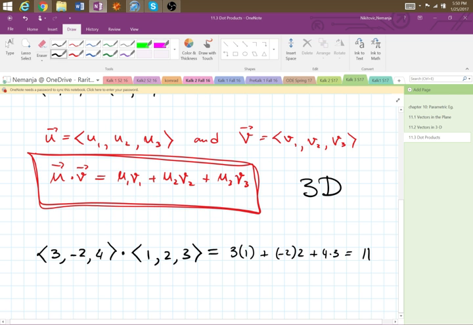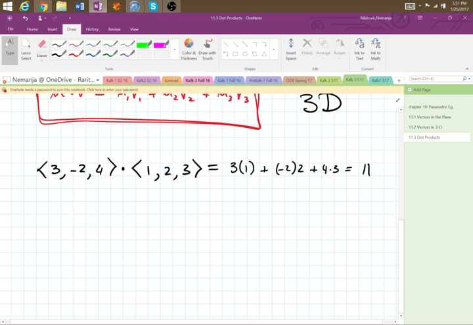Now we're going to take a look at the other form for the dot product. The other way to define the dot product would be to write it as the product of magnitudes of two vectors multiplied by the cosine of the angle between those two vectors. Also works in any dimension.